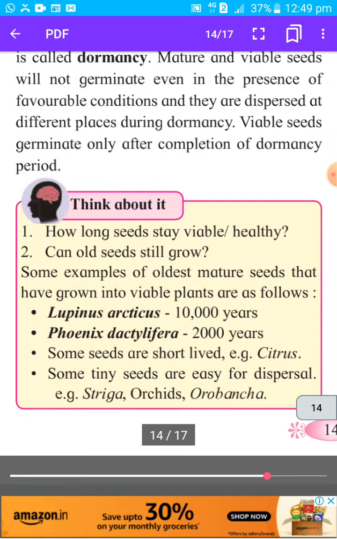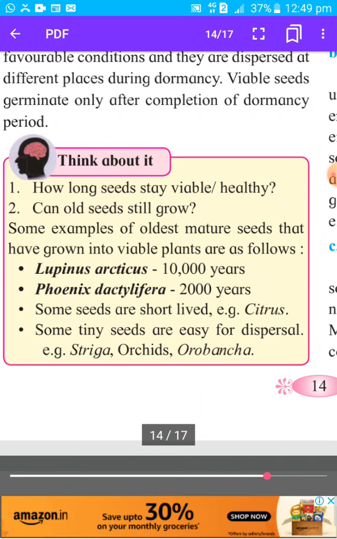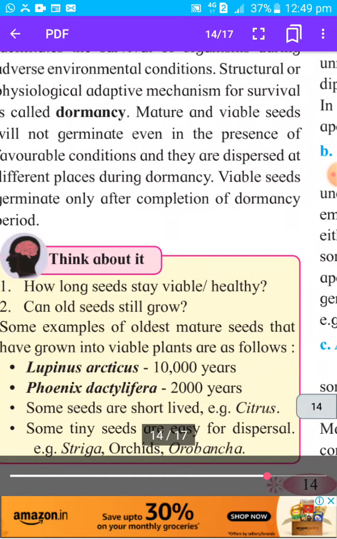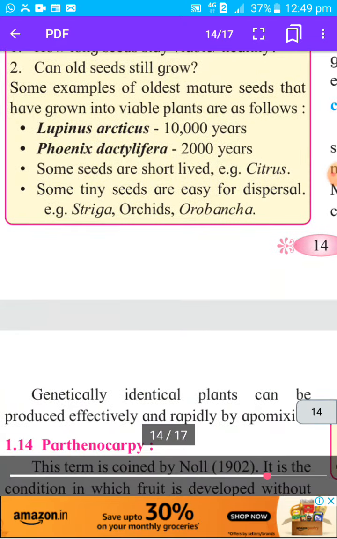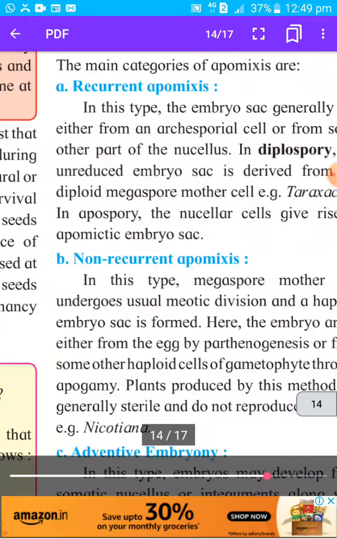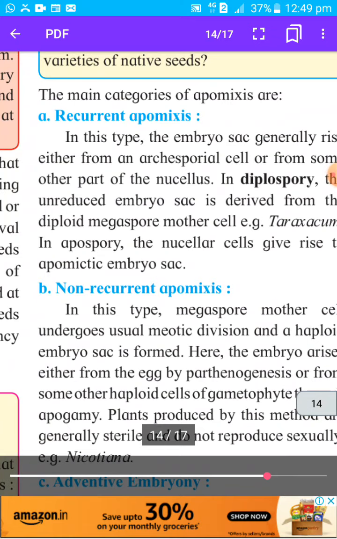Viable seeds germinate only after completion of the dormancy period. So unless the dormancy period is over, viable seeds cannot germinate. After the dormancy period is completed, the seed can germinate. So we can say that this is an adaptation by nature for the survival of that species.